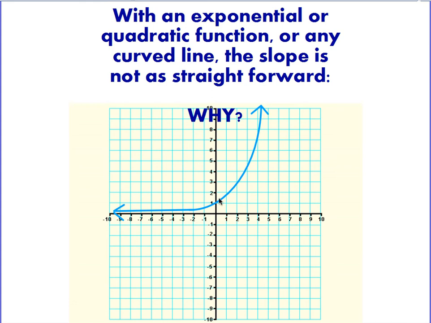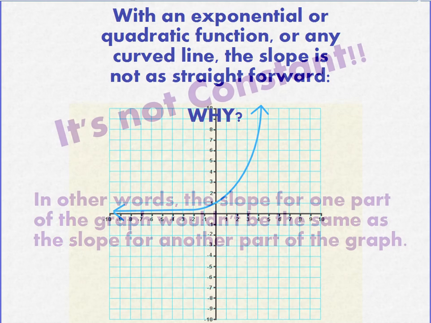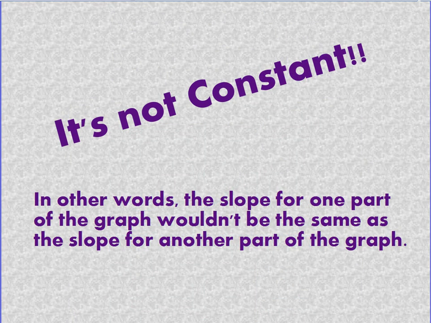But all of a sudden, we start to increase faster and faster. So this section of graph, for instance, will not be the same slope as this first section of graph. So since our graph itself is not constant, the slope for one part of the graph will not be the same as the slope for a different part of graph.